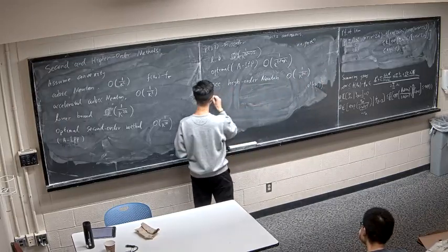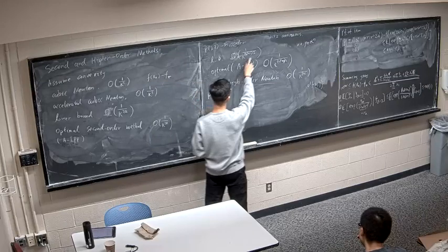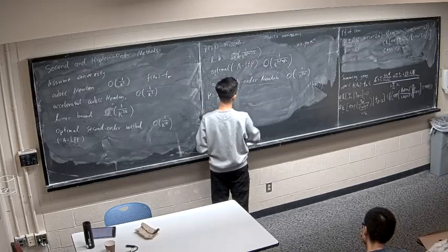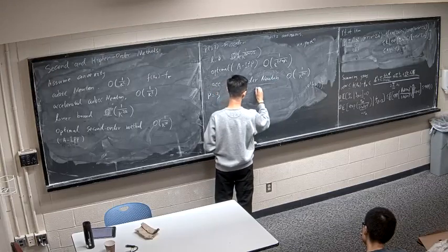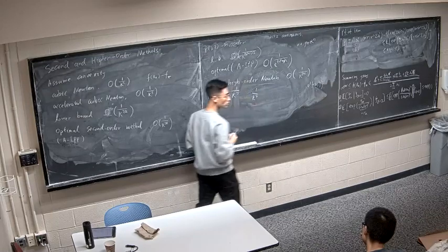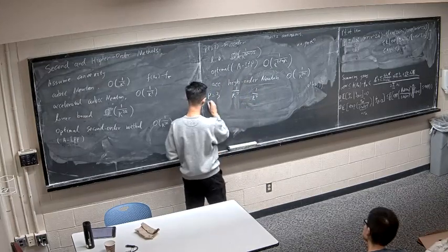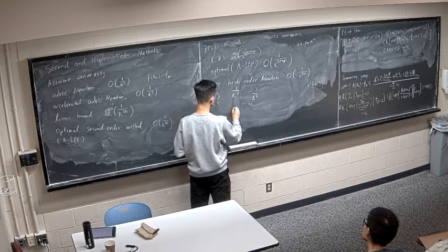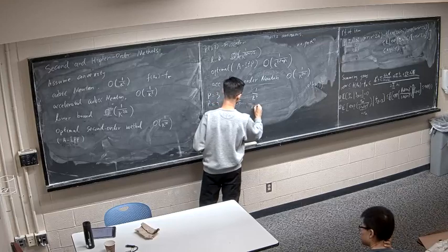For example, let's take p to be 3, then this one gives you k to the 5, right? But this gives you k to the 4. So this is better than accelerated Newton. And also when p is 2, that is our case, you have k to the 3.5, versus just k to the 3.